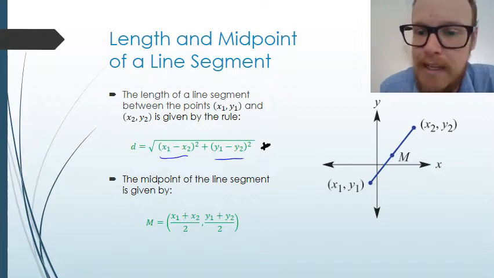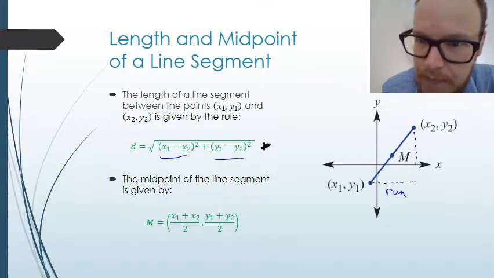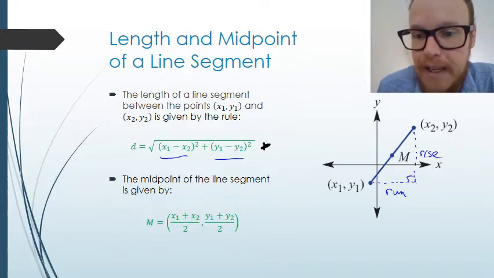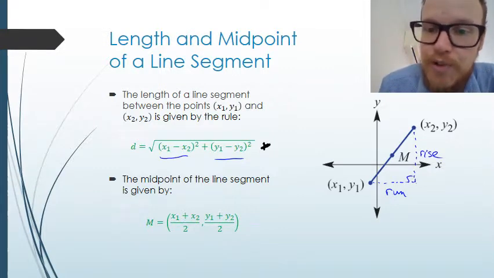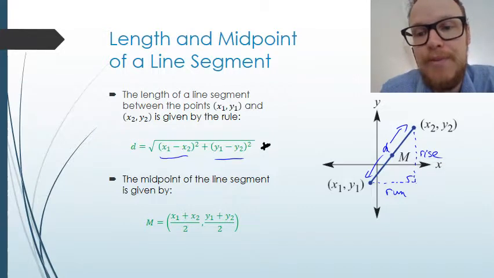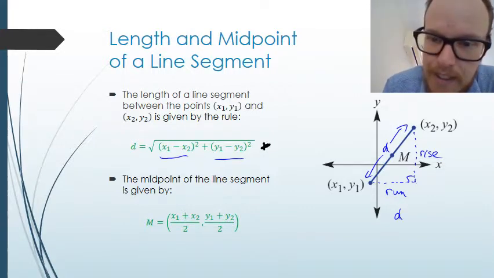Now the reason for that is if we have a look here on our diagram, this is our run, and this is our rise. We've made a right angle triangle, and if we want to find the length of the line segment, we've got a convenient Pythagorean relationship where d squared is equal to the run squared plus the rise squared.